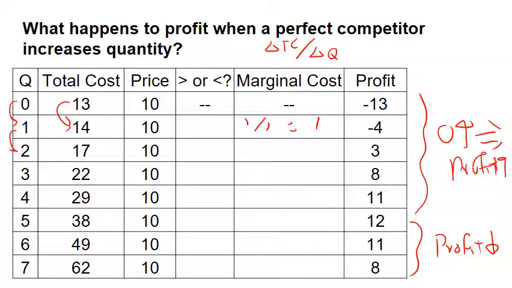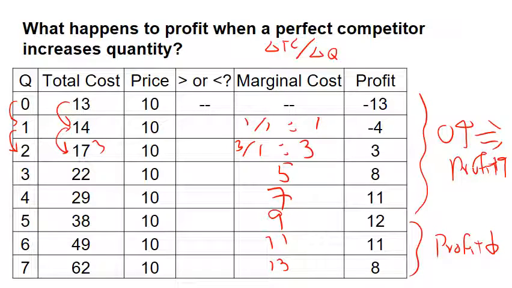When output goes from 1 to 2, again the denominator is going to be 1, but now the numerator is going to be 3. So the marginal cost of the second unit is $3. The marginal cost of the third unit is $5. The fourth unit is $7. Then $9, $11, and finally $13.